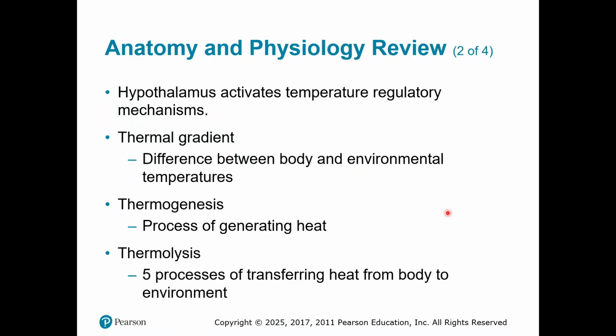Again, I mentioned the hypothalamus earlier. That activates temperature regulatory mechanisms. Some of those would be thermal gradient, and that's the difference between the body and the environmental temperatures. Thermogenesis, that's actually the process of generating heat. Thermolysis is the process of transferring heat from the body to the environment.